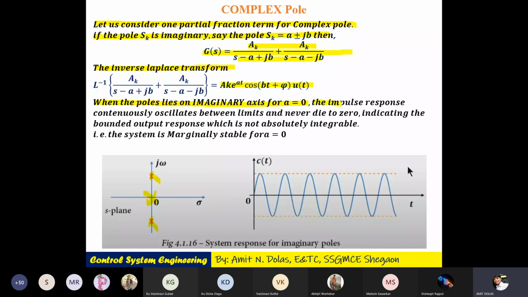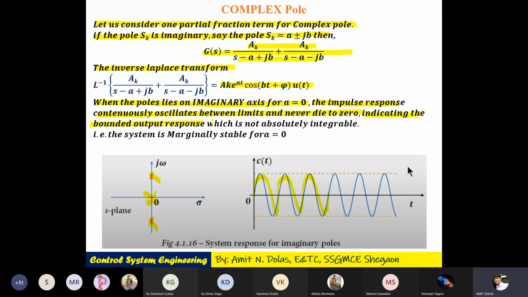So in this case, the impulse response continuously oscillates between limits and never dies to 0. You'll get a constant frequency and constant amplitude as shown here, a sinusoidal waveform that does not die to 0, indicating the bounded output.